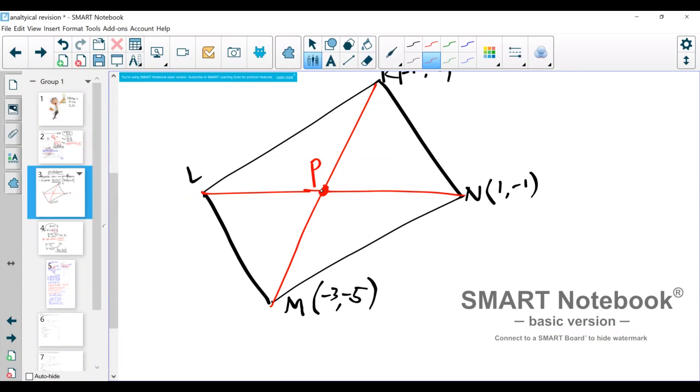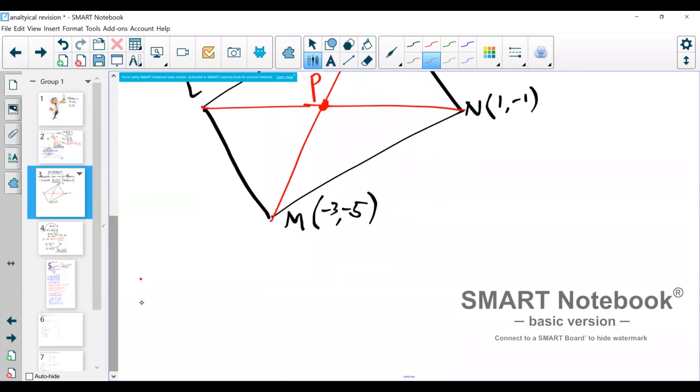Now, what is point P using KM? P is the midpoint of KM. And I know the rules of parallelogram, right? Now, what is my P going to be?